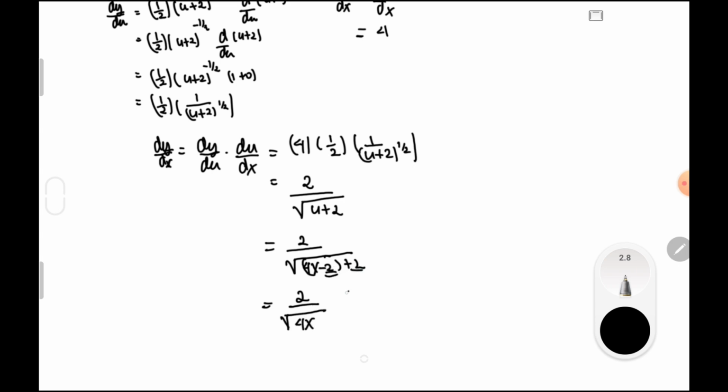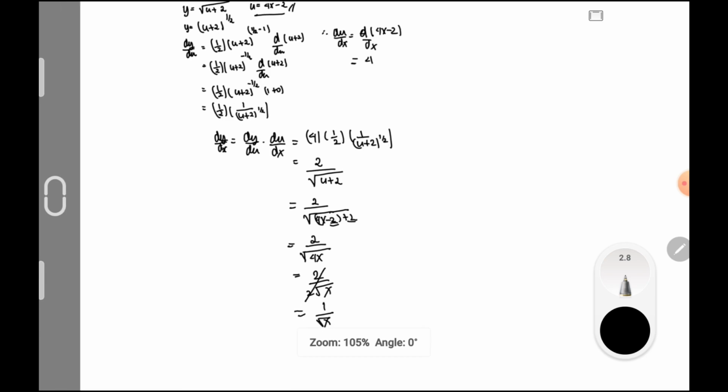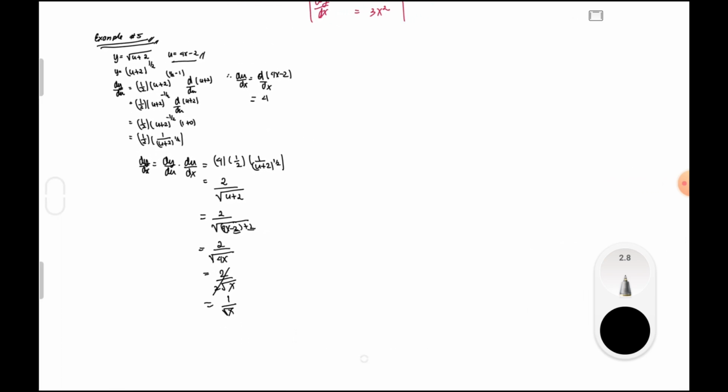So 2 minus 2 is equal to 0, so therefore we will have 2 divided by 2 square root of x. So cancelling out, you'll have a value of 1 divided by square root of x, which is equal to your dy over dx.